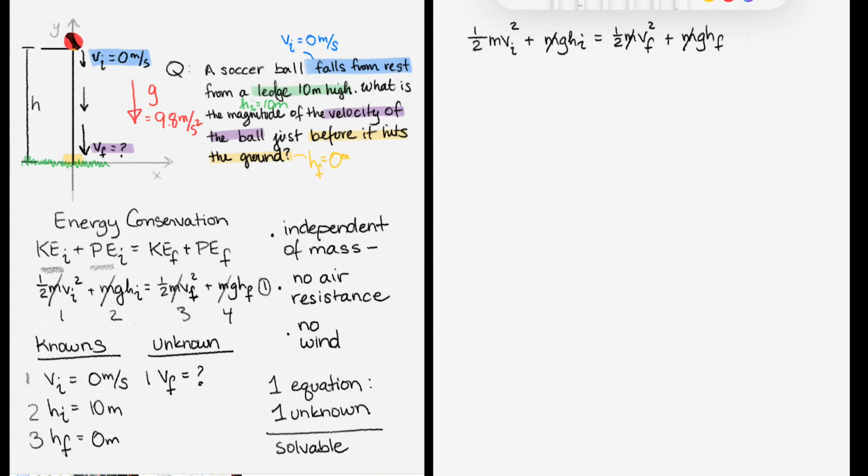And we were able to cancel all of the masses, and this was independent of mass. We can see from the list of knowns that our initial velocity and our final height are both equal to 0, which means that this term is equal to 0 and this term is equal to 0, which leaves us with just two terms left.